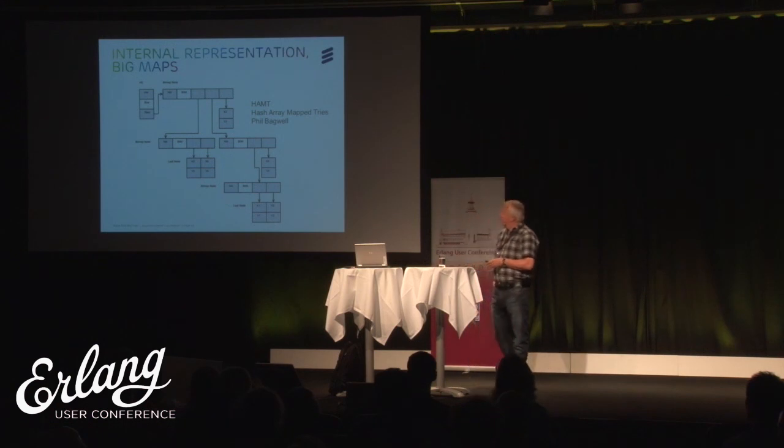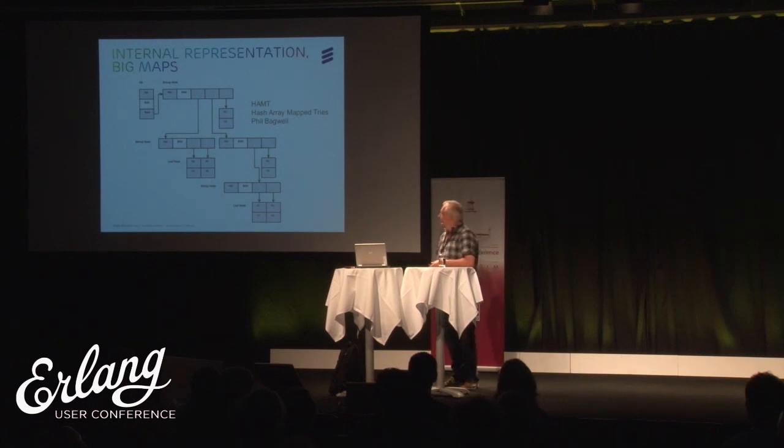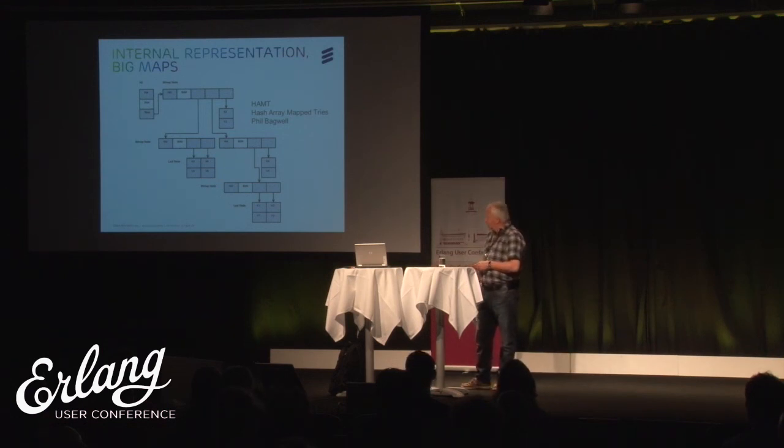Big maps will be stored in something called a HAMT structure, hash array map trees. I think they were invented by Phil Bagwell. It's not exactly sorted out the exact structure and how big it will be, but this is a combination of hash and tree, you can say.